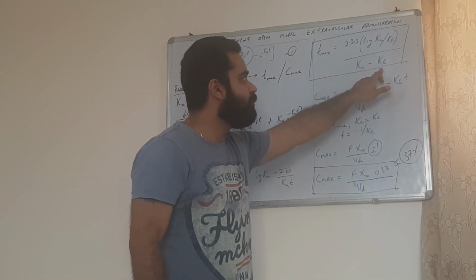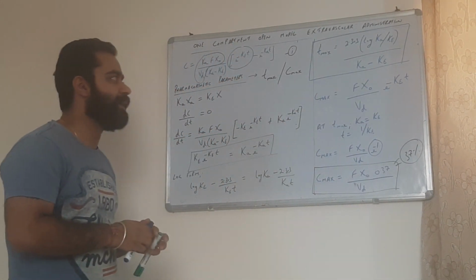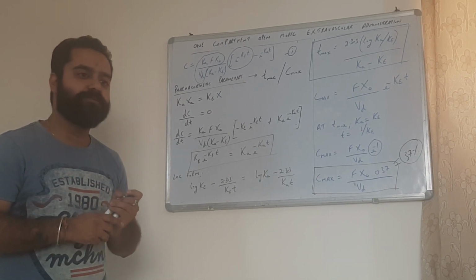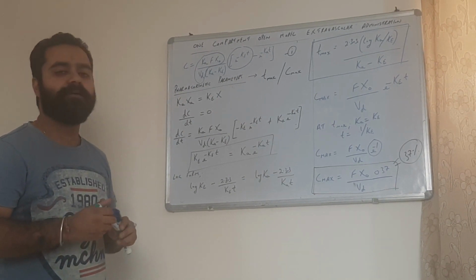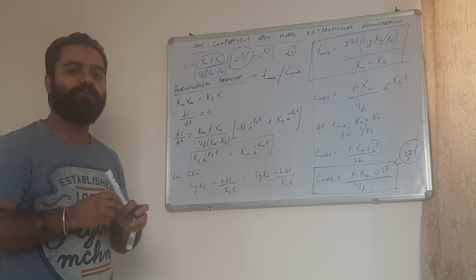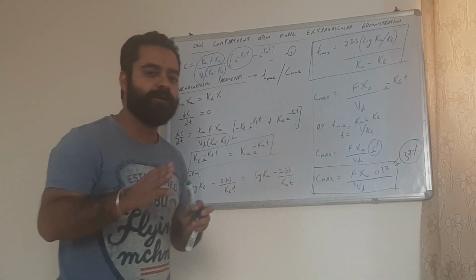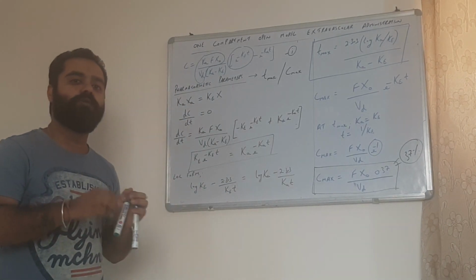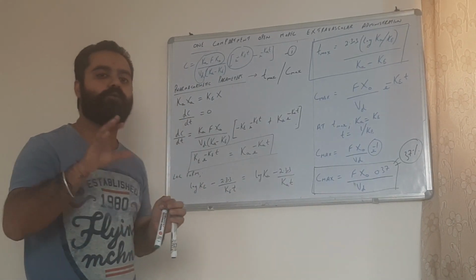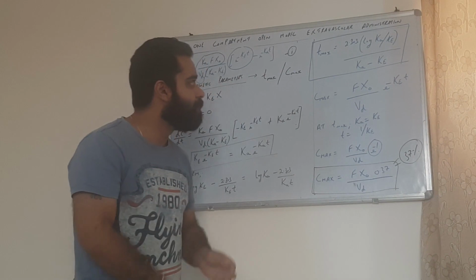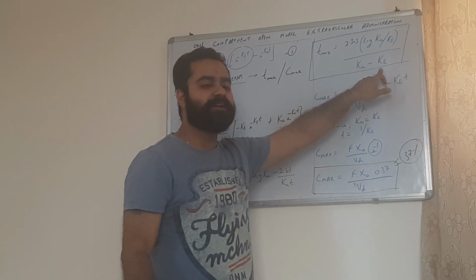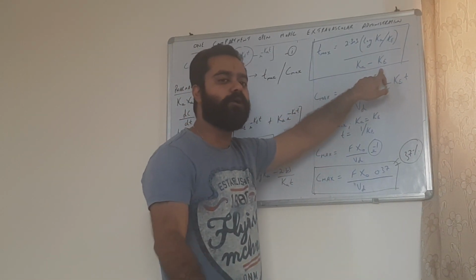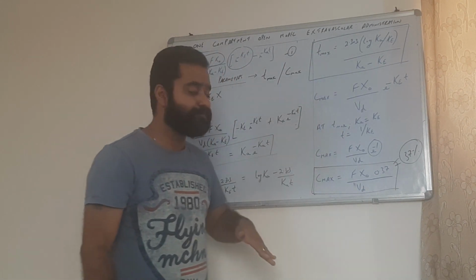Okay, we already know how to determine the value of Ke. See, the value of Ke, as previously discussed, can be determined by plotting a graph of log C versus time, where we get a straight line and the value of slope is always equal to minus Ke upon 2.303. So the value of Ke can be easily determined by making a semi-log plot of log C versus time.